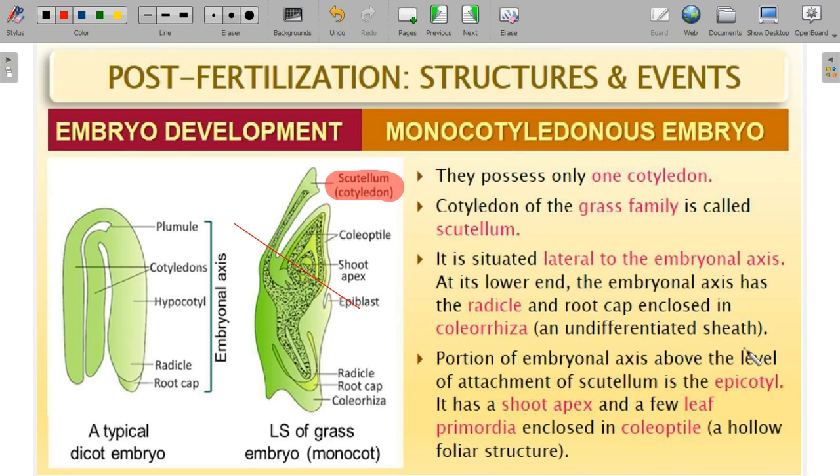The difference between them we're going to discuss separately. Next is the portion of the embryonal axis that is above the level of attachment of the cotyledon. We have the epicotyl, which has the shoot apex, and some leaf primordia can be seen here and there. The epicotyl is enclosed in the coleoptile, a hollow foliar structure.